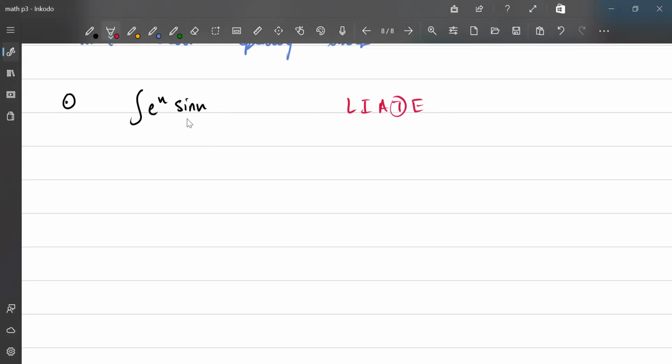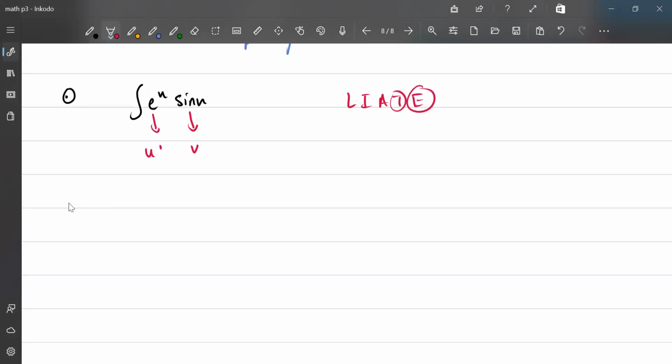Since trigonometric function comes first, it would be v, and exponential comes afterwards, so it would be u dash. So we have v, which is sin x, and u dash, which is e^x. So v dash would be cos x, and the integral of e^x is e^x.